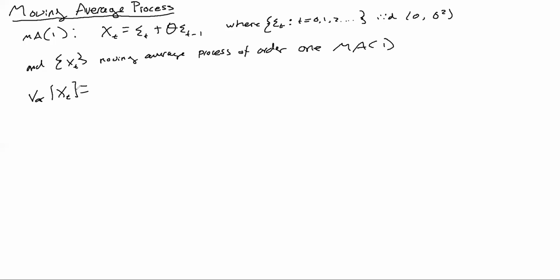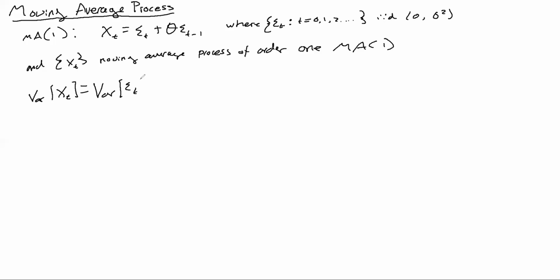Remember back in chapter 4, whenever you do the variance of this, we'll go ahead and do it all. Since the error terms are uncorrelated with others, because there are no autocovariances, as the error term is a 0 mean white noise process, we don't have to worry about any covariances.